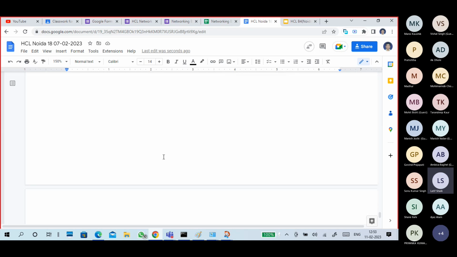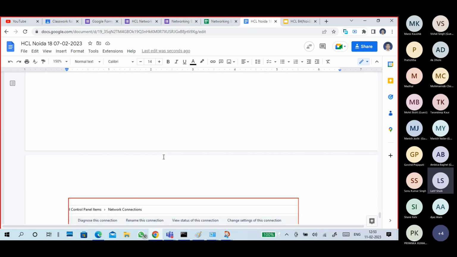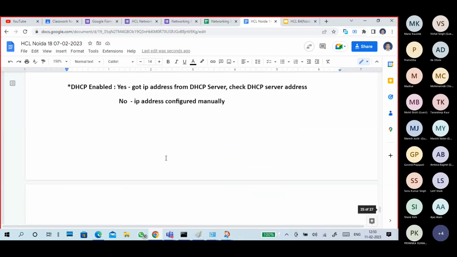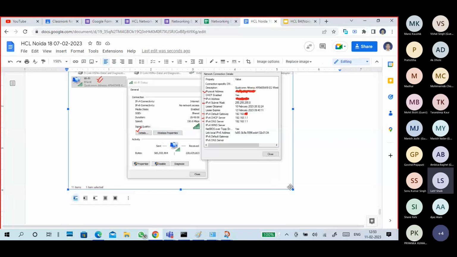Okay, that's the point. In IP address we have an IPv4 and IPv6 part.